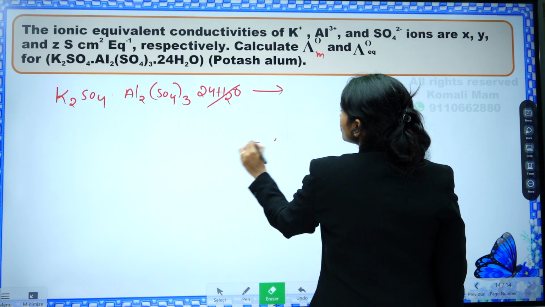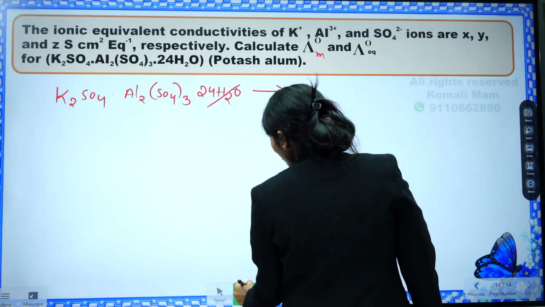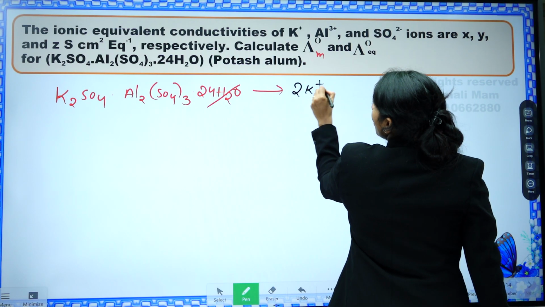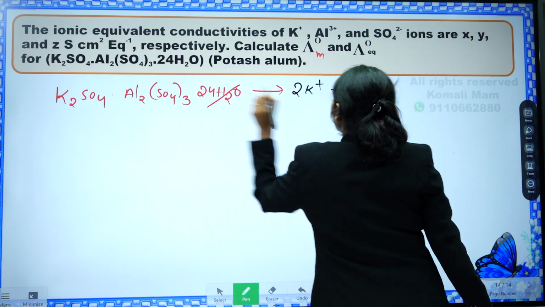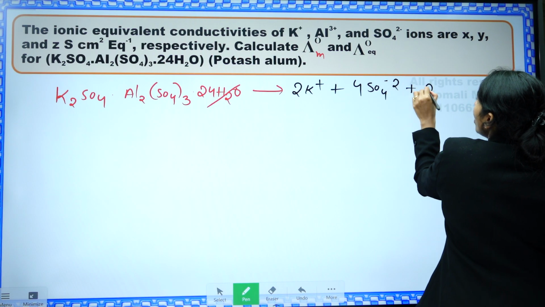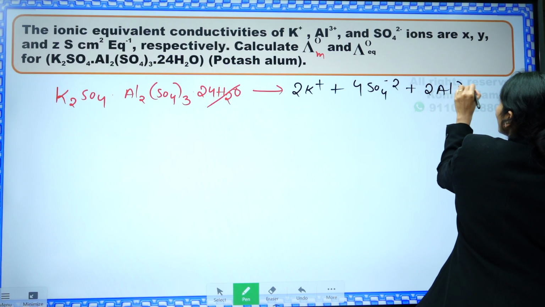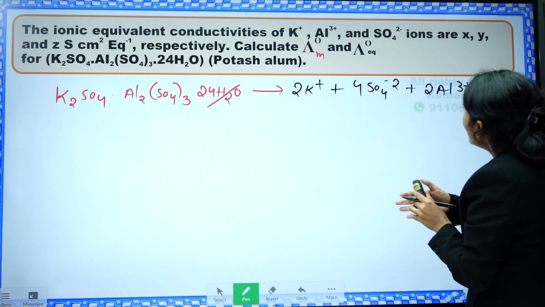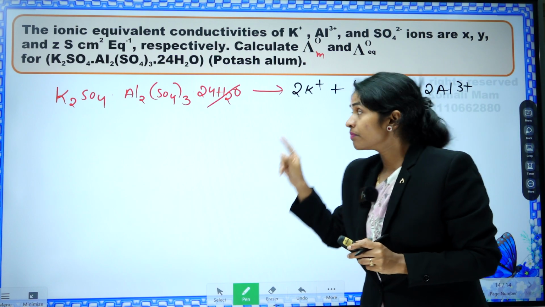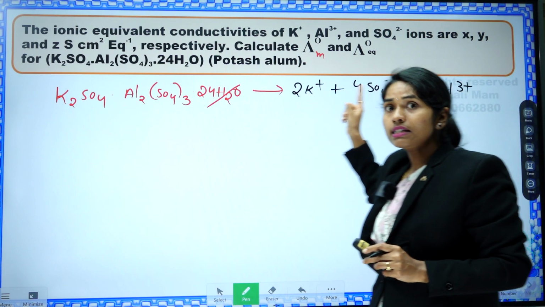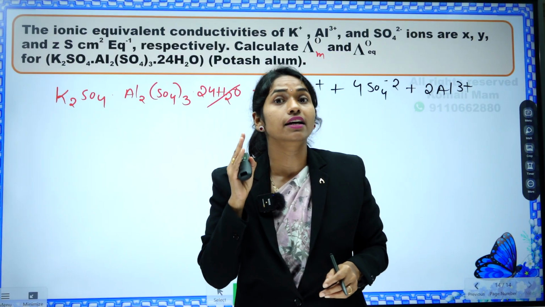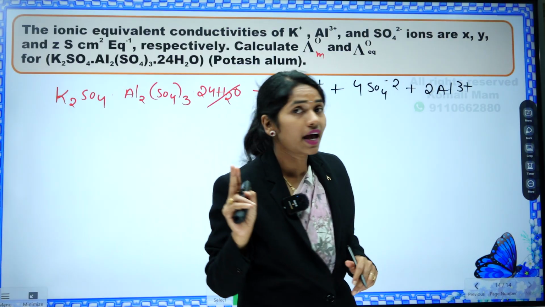What are the ions which we get? 2 potassium ions plus, here 3, there 1, total 4 sulfate ions plus 2 aluminium ions. These are the ions which are present. If you observe, only one type of anion is present. But how many types of cations are present? 2 types of cations are present: 2 potassium ions and 2 aluminium ions.